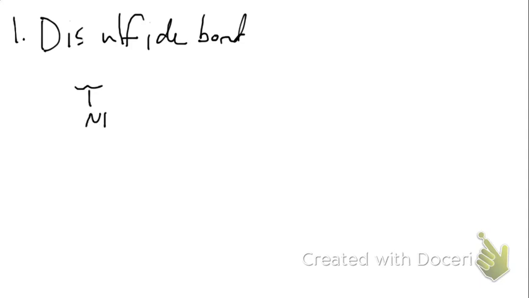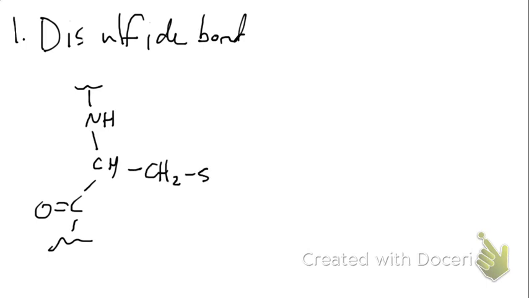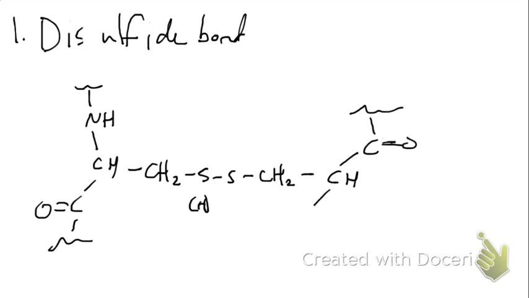So we have this portion of the chain. There's the backbone. Here's a cysteine residue. Normally it would have an H on it, but since we're going to form the disulfide bond, the question is, when you form a disulfide bond, is that being reduced or oxidized?